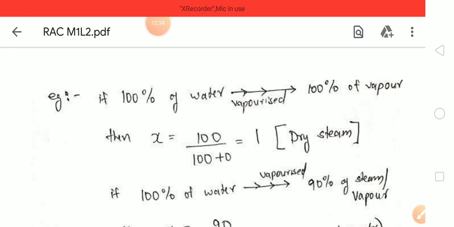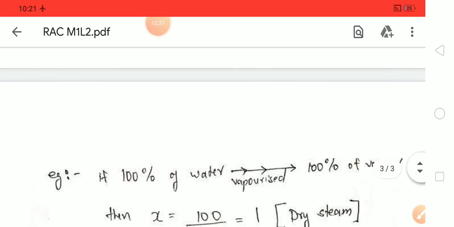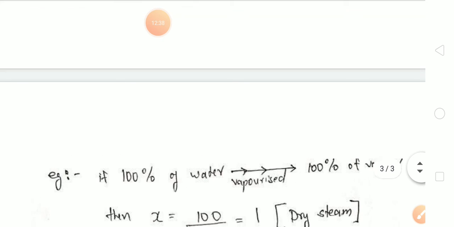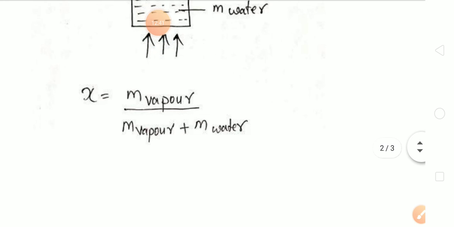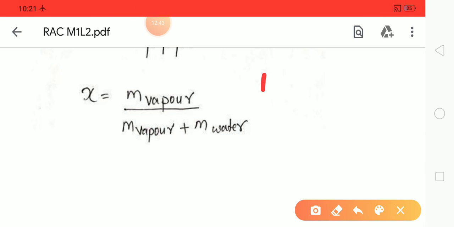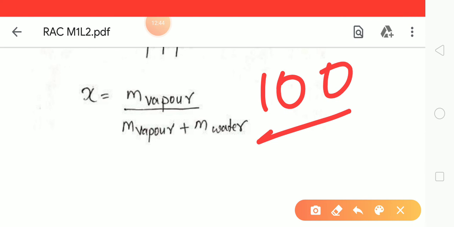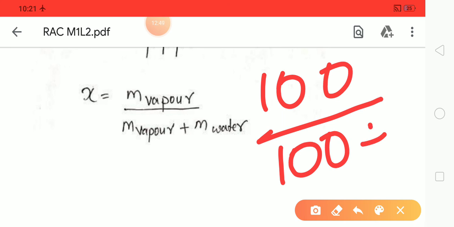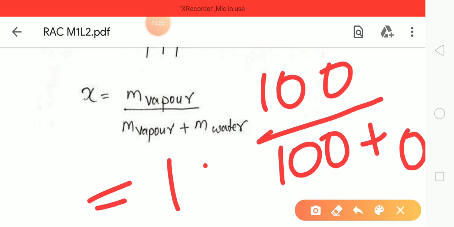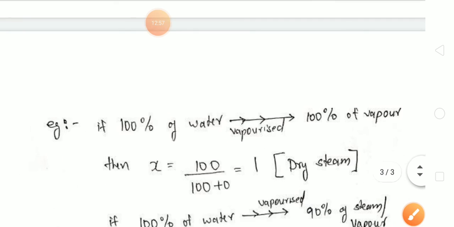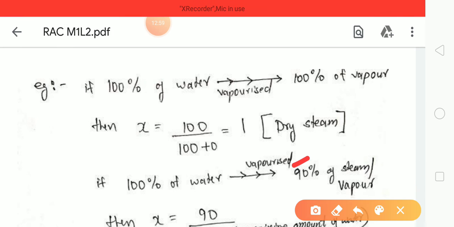So we can substitute the mass of vapor as 100, and in the denominator also 100 plus the mass of water. There is no remaining water, so it is 0. So the answer is 1. If the x value is 1, then it is called dry steam. Very important. When x value is 1, that is called dry steam.